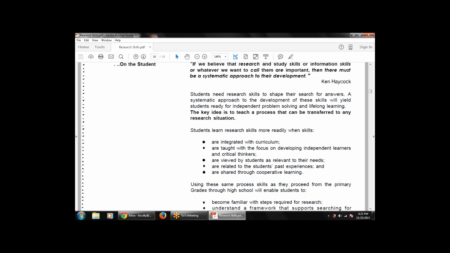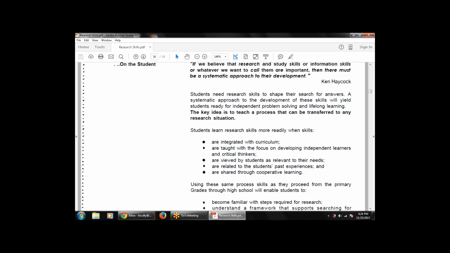In the same way, students learn research when the skills are integrated with the curriculum, when the skills are taught in a manner that gains the interest of the students, when they are taught with a focus on developing independent learners and critical thinkers, when skills are viewed by the students as relevant to their needs, and when skills are related to the students' past experiences.